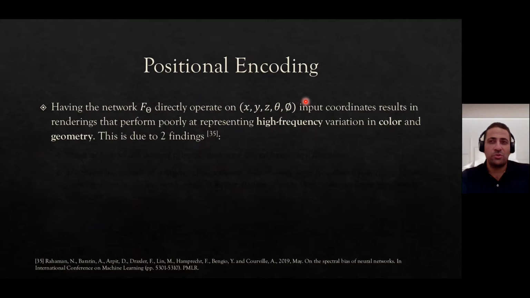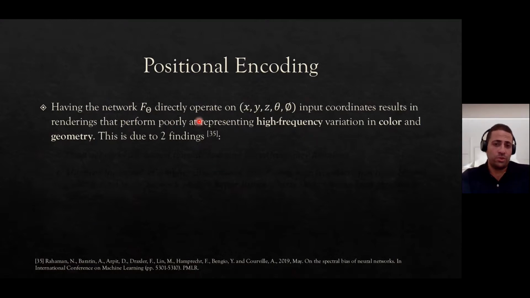When you use a first-order equation, it's different from when you want to capture more complex representations, where you would use a higher order. For example, instead of using x multiplied by w plus b, you would use terms of x squared plus x plus b, something like that. So this is basically the same idea. We would just encode the inputs in order to represent the more minute and small details in the scene.